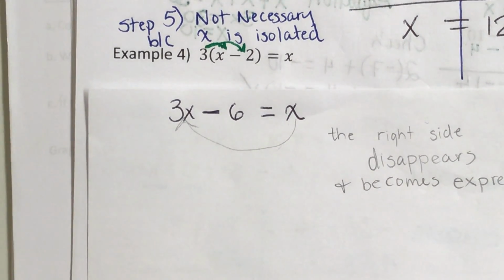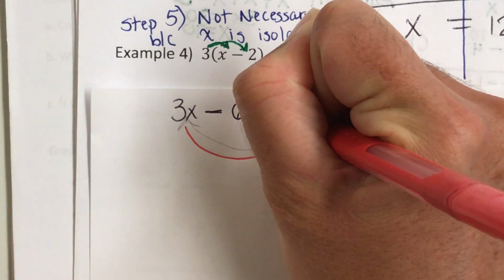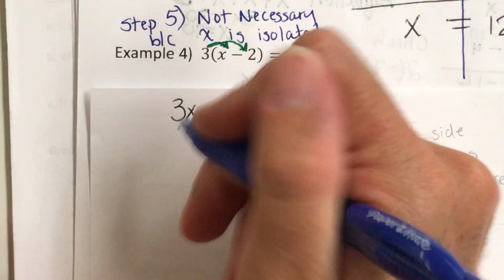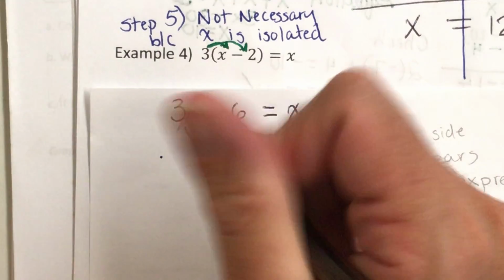And so what once was an equation now becomes an expression. So what we're going to do to keep it as an equation, we are going to move the 3x to the x. So we are going to go this direction, okay? So how do I do that? Well, I want to subtract 3x from both sides. So let's just rewrite this.